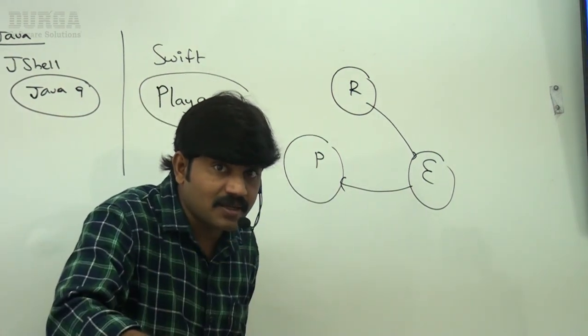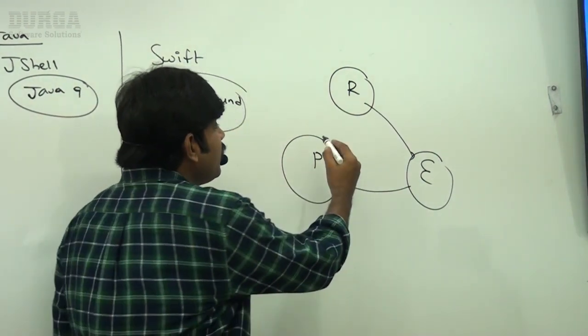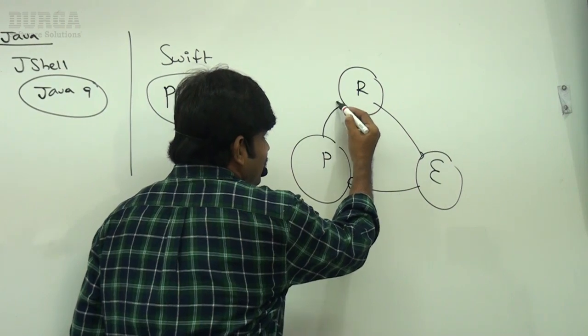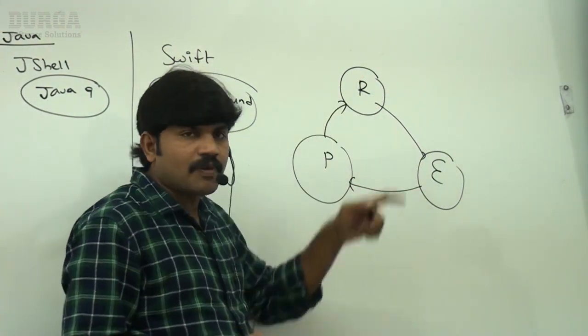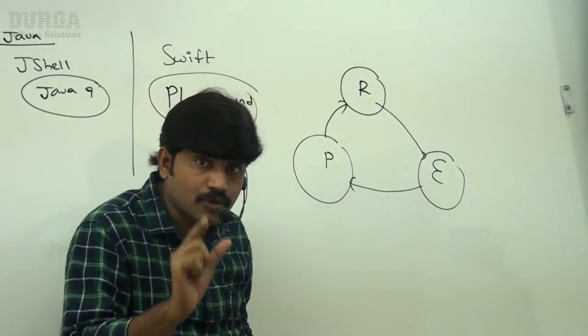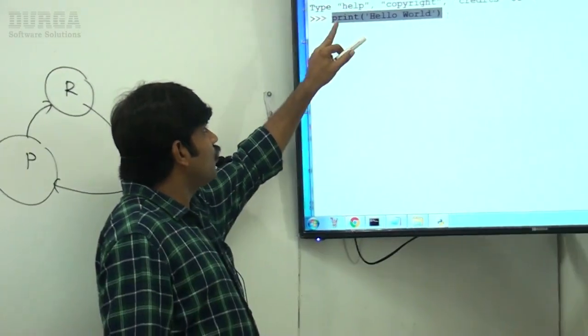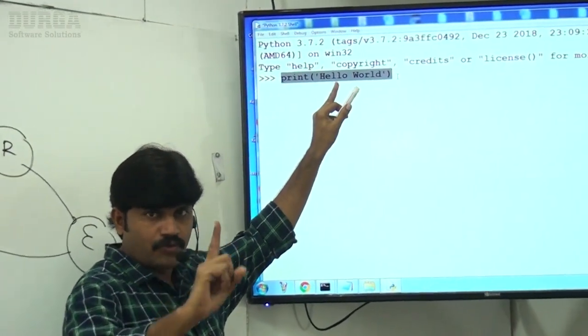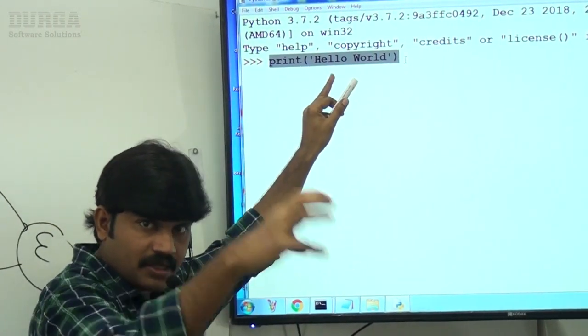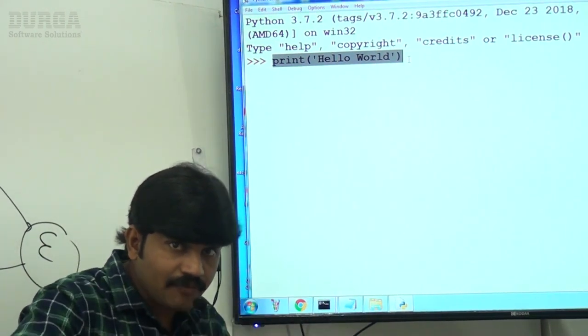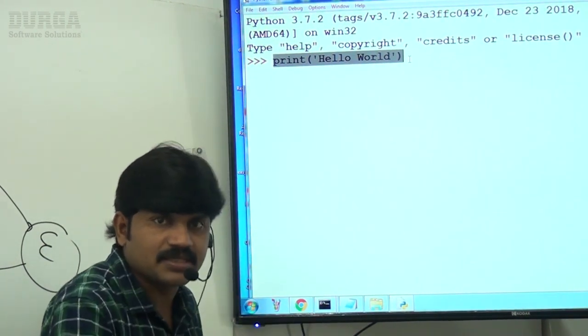After printing the result, it is again ready for the next instruction. So these types of tools are by default considered REPL tools. Now I just wrote the statement print of hello world. Read, eval, print, and ready for the next cycle, ready for the next instruction.